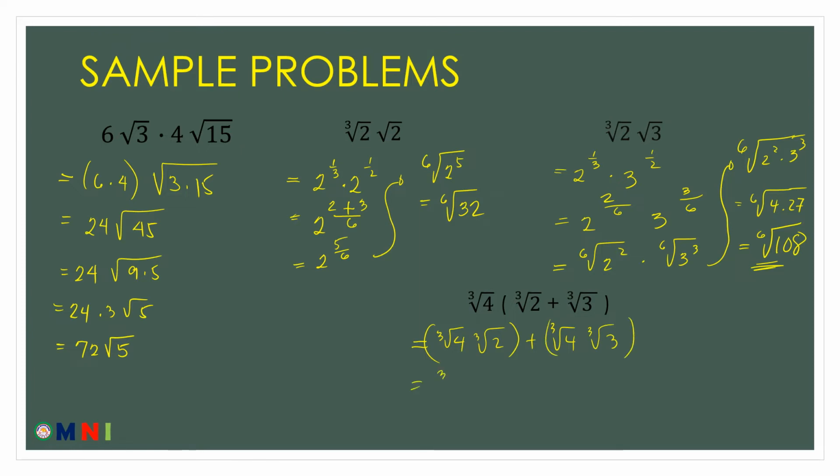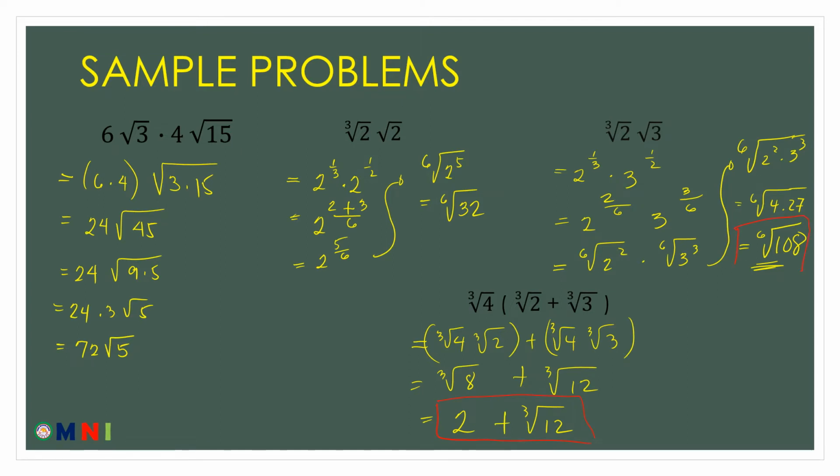Then you get the cube root of 4 times 2, which is 8, and the cube root of 4 times 3, which is 12. And take note, the cube root of 8 is 2, a whole number, plus the cube root of 12. You cannot simplify that anymore. So therefore, this will be the final answer.